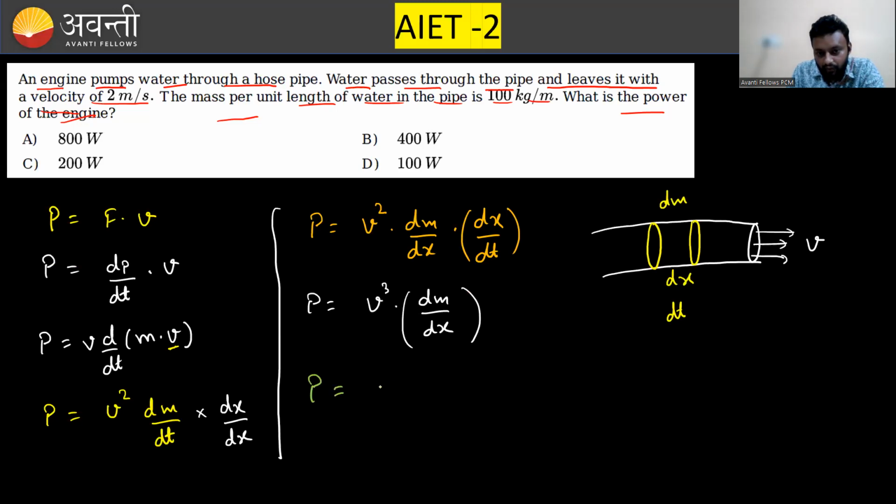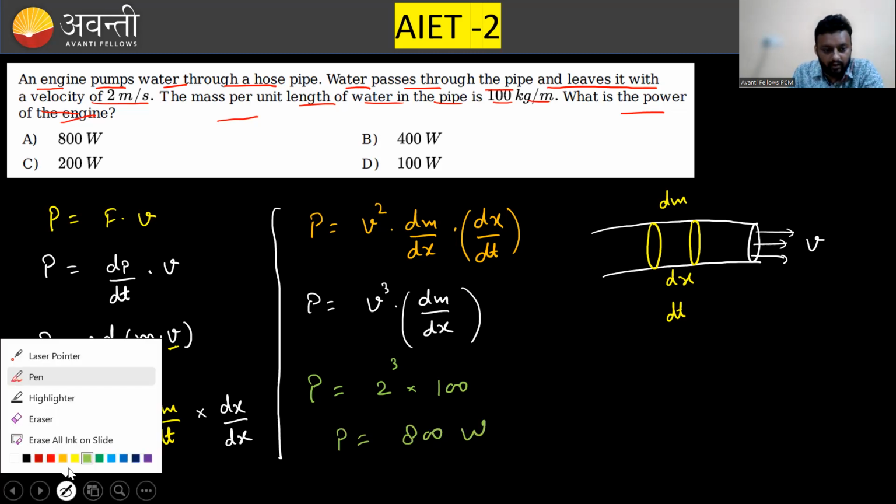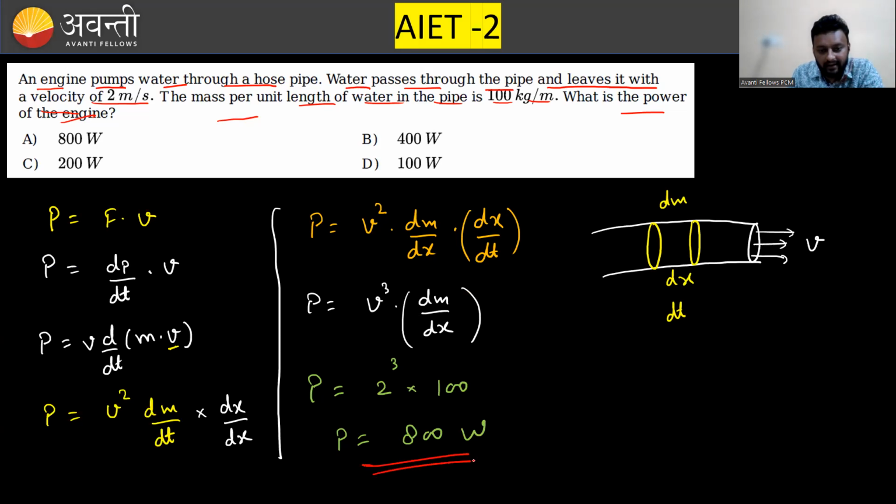P is equal to velocity 2 cube into dm over dx, 100 kg per meter. So can you see that power will become 800 watt, which is again option number A.